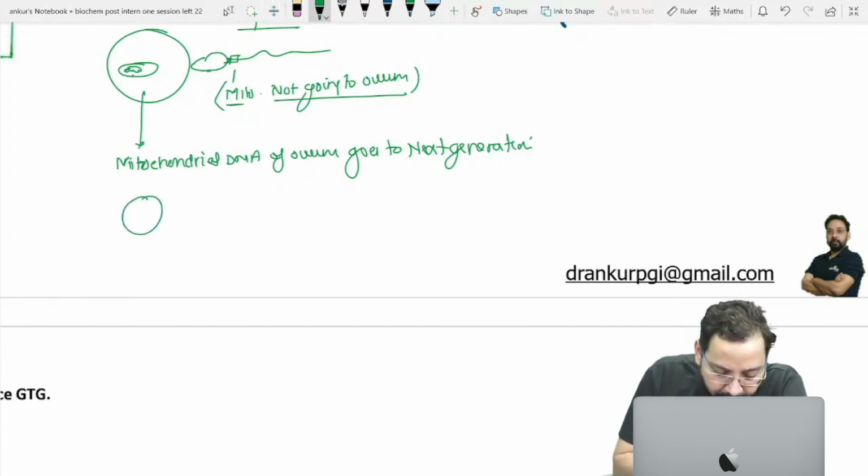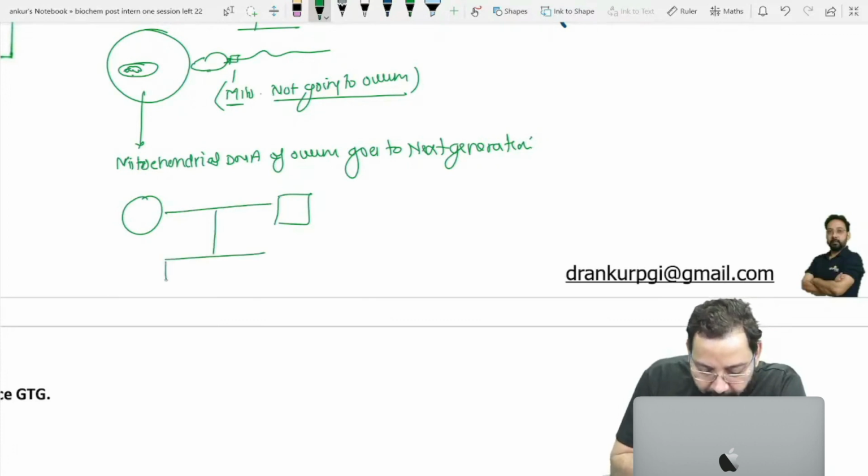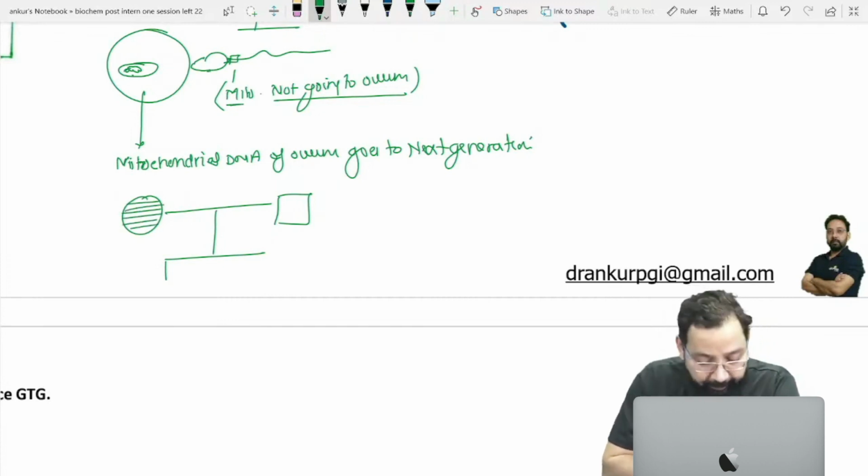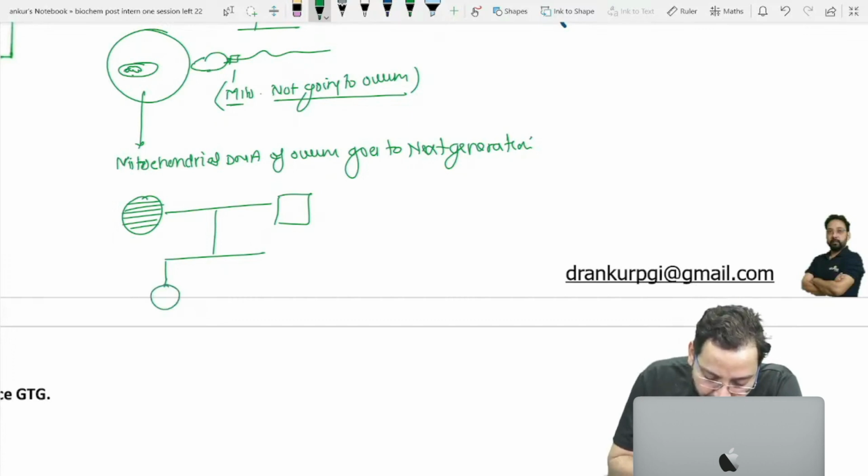If the mother is ill, then all children, male or female, would be affected.